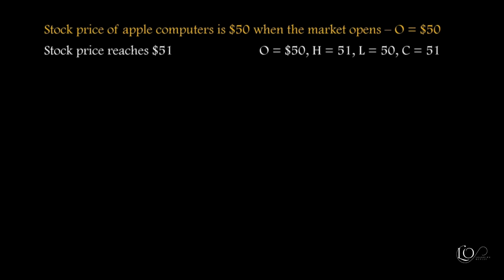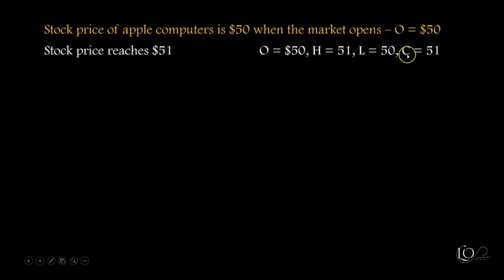So let's say the stock price reaches 51, and this is what we've done just a few minutes earlier. The opening price, you'll notice, is going to remain the same. We're going to say O equals 50, and now the stock price reaches 51, which means that there has been an increase of 1. So the closing price is always going to be the last price that is being traded.